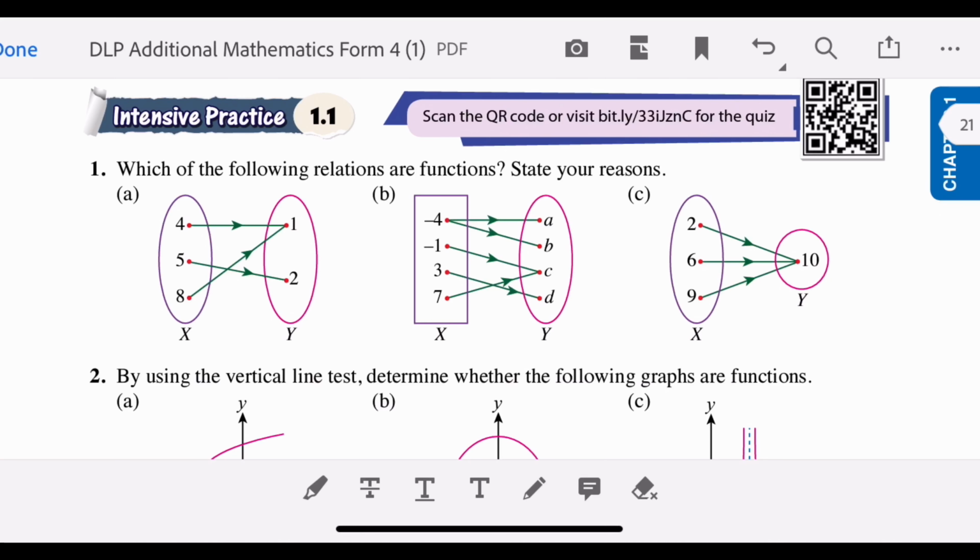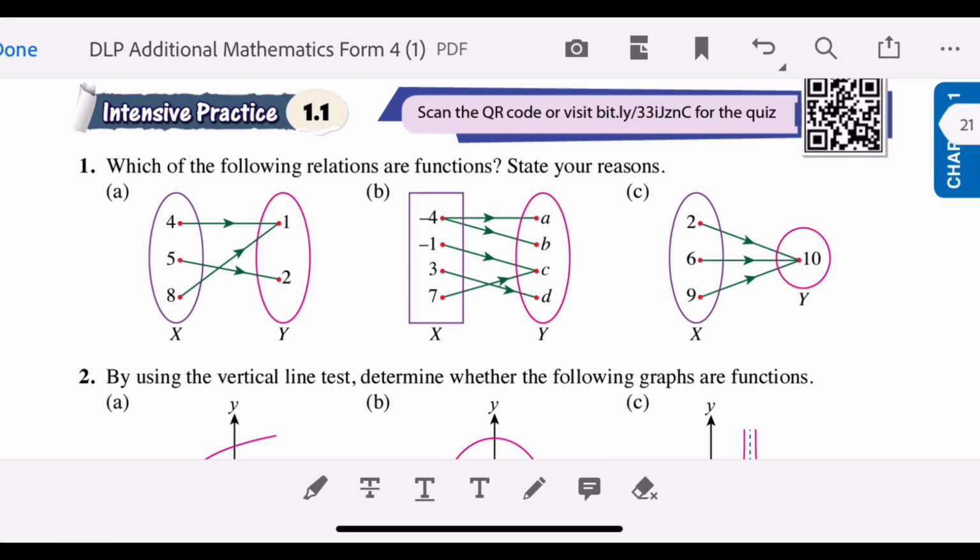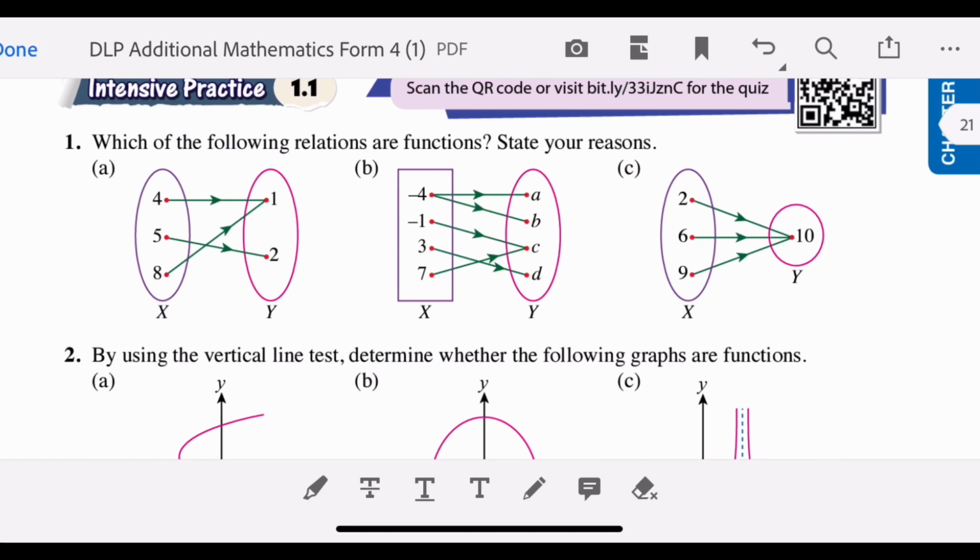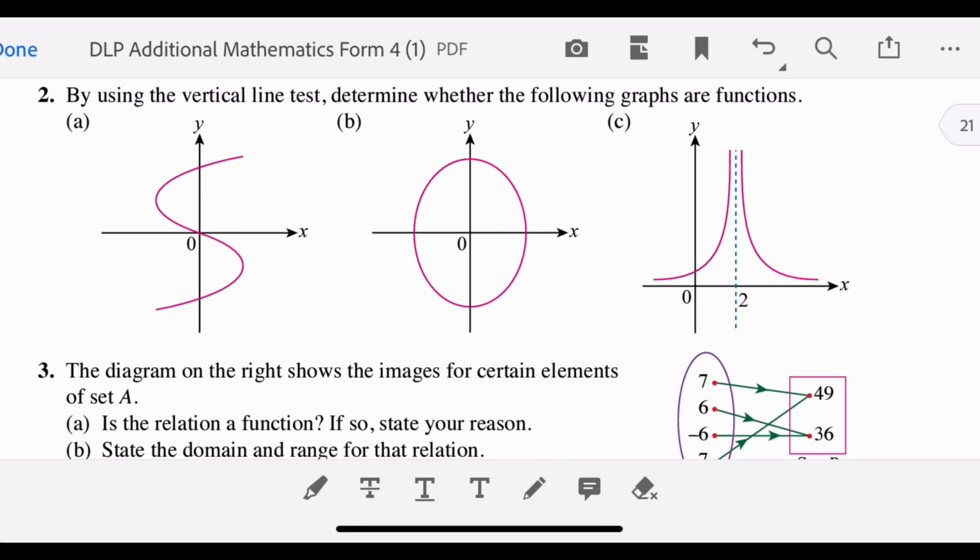I also shared different types of relations and how to define a function, which are very important concepts that you must master for this topic.